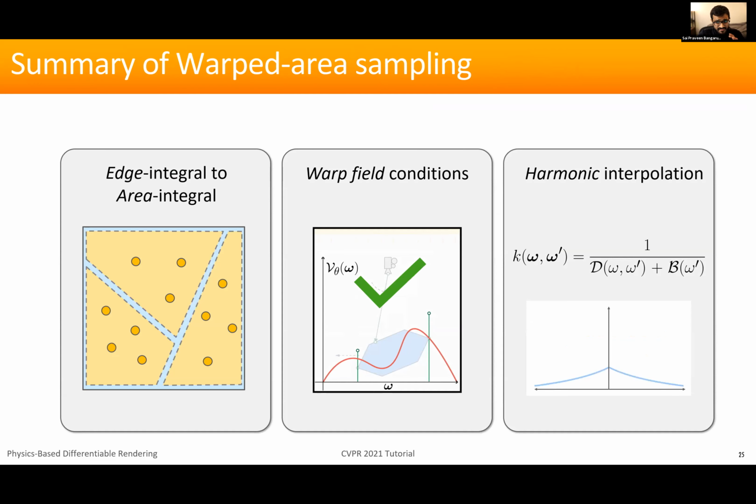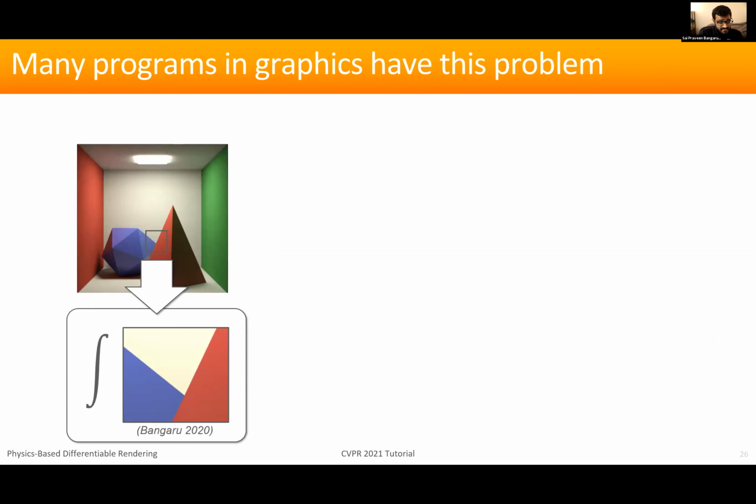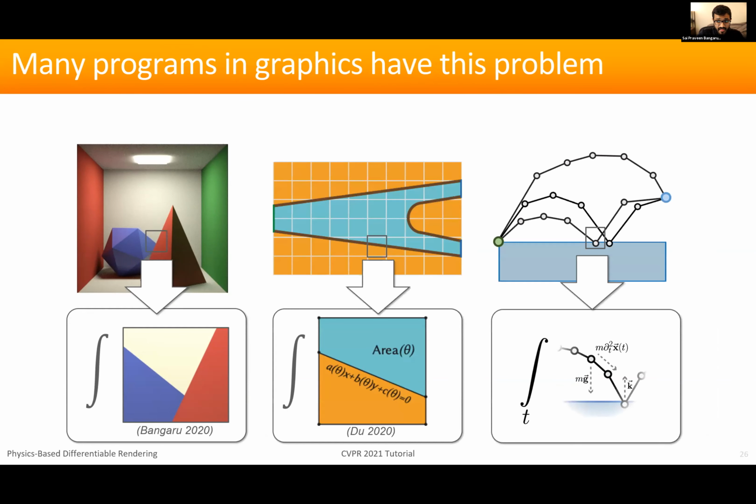Integrating discontinuities is hard in general. And many problems in graphics actually have the same problem. We've seen that the physically based rendering equation is typically an integral over discontinuities. I would actually like to draw your attention to the fact that a lot of applications have the same issue. They are integrals over discontinuities. That includes ray tracing, rasterization, finite element simulation, as well as physical trajectory simulation.